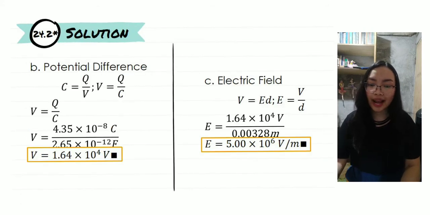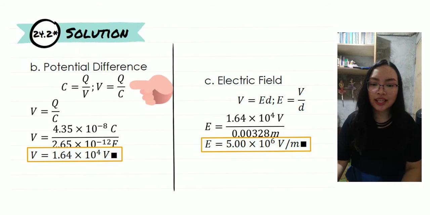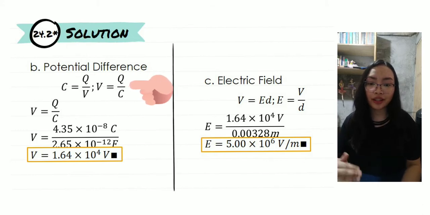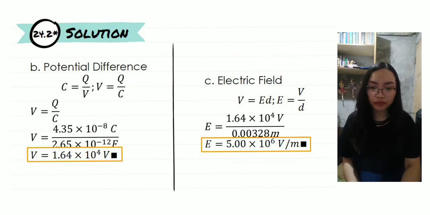Next, we are asked to find the potential difference. And in order to do this, we need to use the equation C is equal to Q over V, wherein Q is equal to the charge and V is equal to the voltage. But since we are required to look for the voltage, we need to manipulate the equation, and thus we will get V is equal to Q over C, wherein Q is the charge and C is the capacitance.